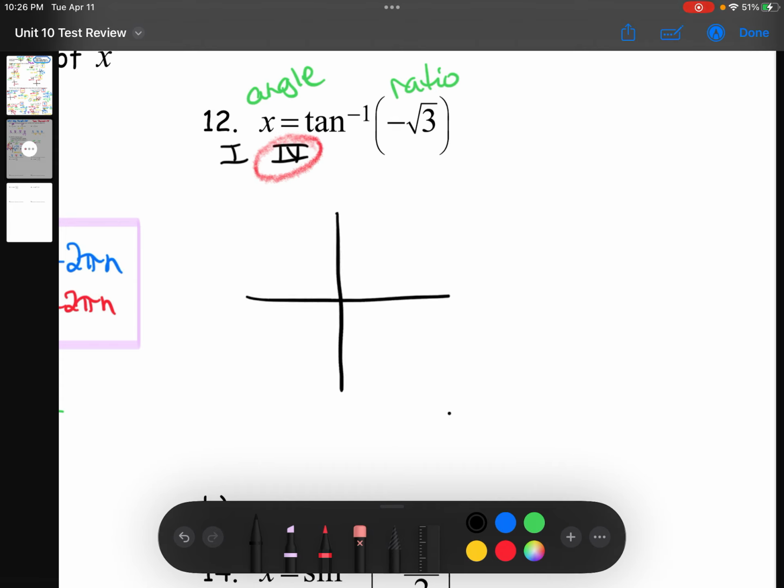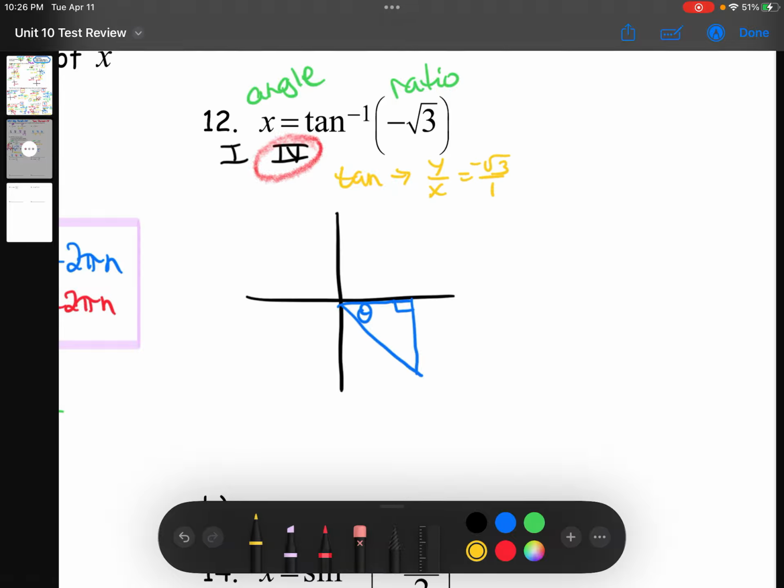So as we draw this in quadrant 4, angle into the quadrant, perpendicular to the x-axis, one leg on the x-axis, theta at the vertex at 0, 0. Now, tangent is the ratio y over x.